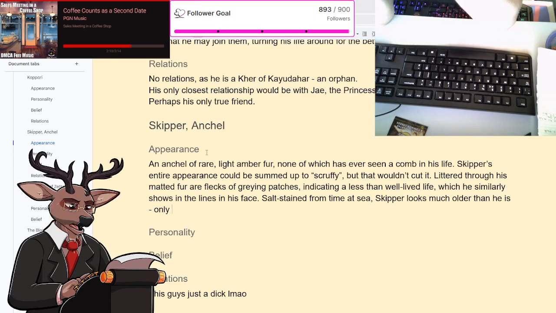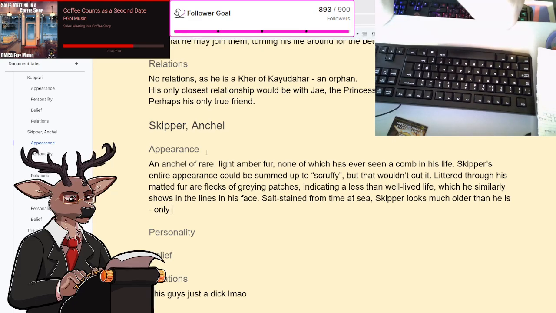On certain events that I have written for this character, he needs to be a certain age. Otherwise, the timeline is weird.